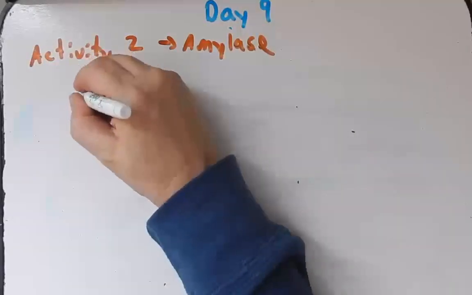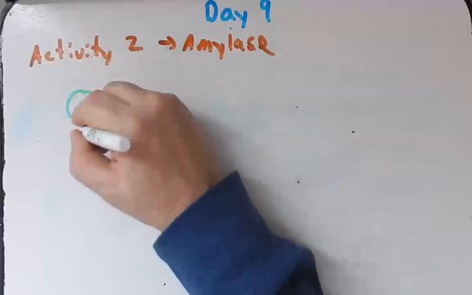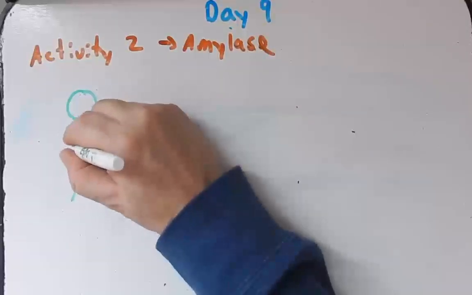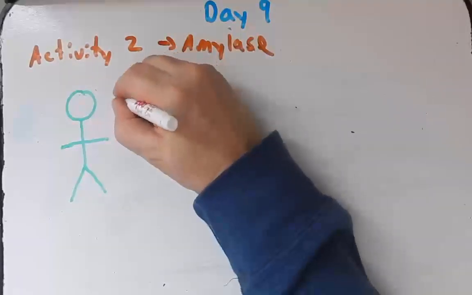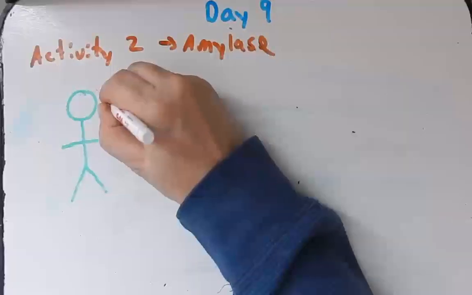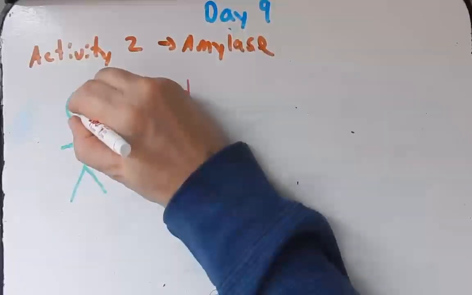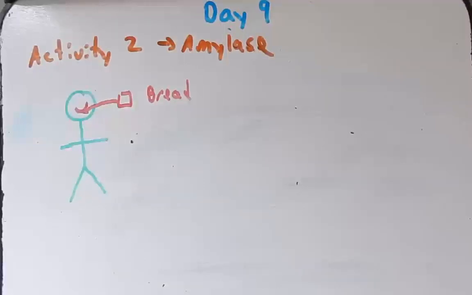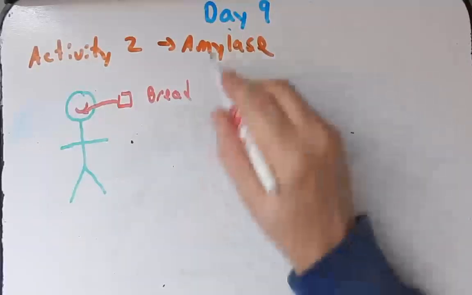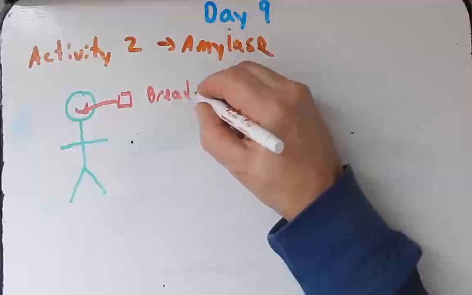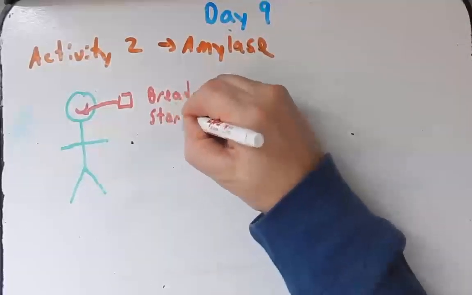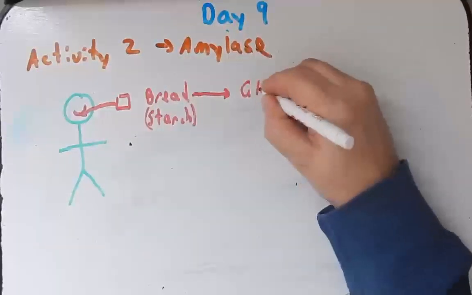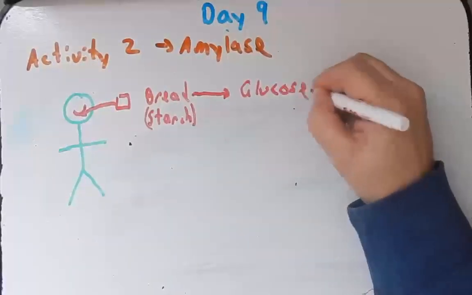So I'm going to draw one of my famous drawings here of a human. Don't be jealous. Alright, now when this human eats carbohydrates, say a piece of bread, so let's just draw it here, bread, they'll eat it in their mouth, and now they're happy of course because they're eating food, and while it's in their mouth, this enzyme amylase will take bread, which has lots of starch in it, and it will convert it to glucose, which then can be used for energy purposes.